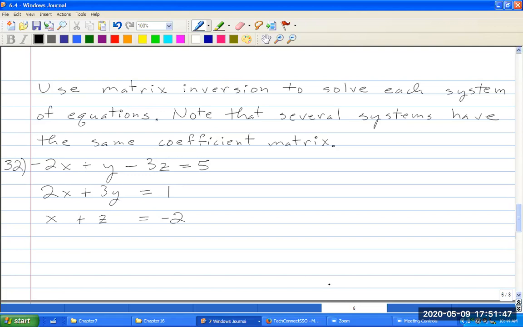So it would be easier if I'd done several equations with the same coefficient matrix. I'm just going to do one of them, but notice that once you have done all the work of finding the inverse matrix, to find the solution is fairly straightforward and fast.